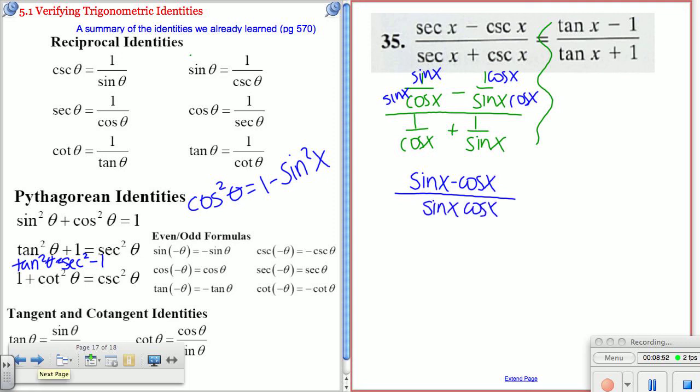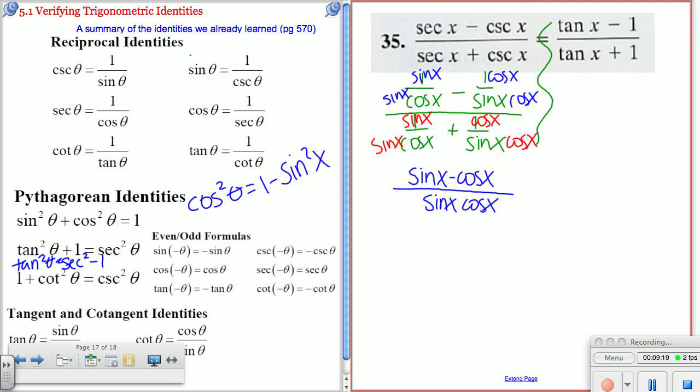Now that's just the numerator. We need to do the denominator as well. In the denominator, I need to do the same thing: a sine x and a sine x, and a cosine x and a cosine x.